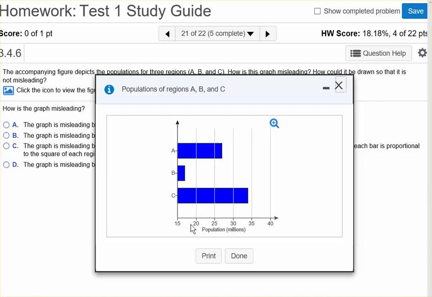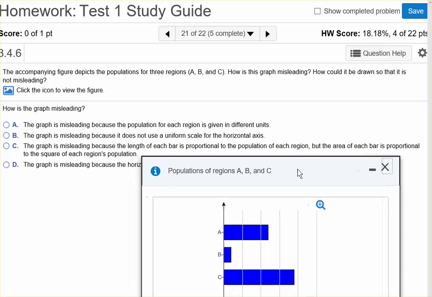Well, that would mean maybe we go from 20 to 30 to 35 to 100, so that the increments would not be uniform, and they are. So I'm going to have to disagree with B.